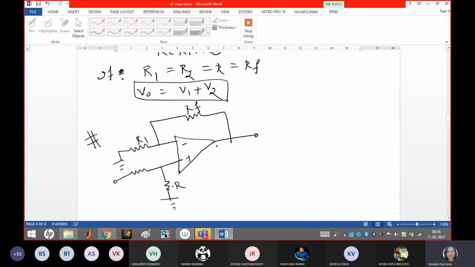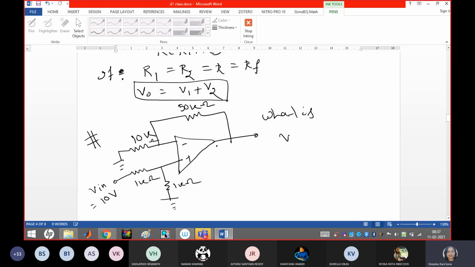Whatever the value is, I'll just write the value only, I'll not write R1, RF. Suppose in this question, I'm providing this data to you: 10 kilo ohm, suppose this is 50 kilo ohm, and suppose this is 1 kilo ohm, and this is also 1 kilo ohm.